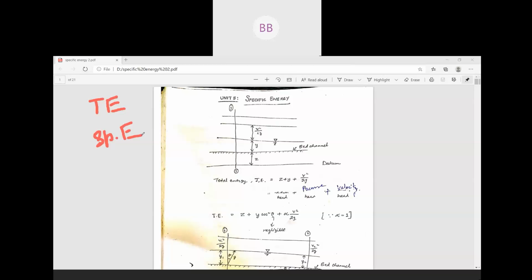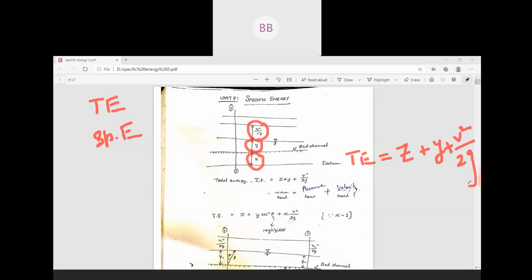If you remember, in total energy we have the datum term z, we have the pressure head y, and the kinematic velocity head, or you can say directly velocity head. That means if you consider your total energy, you'll be having three terms: z plus y plus v square by 2g.